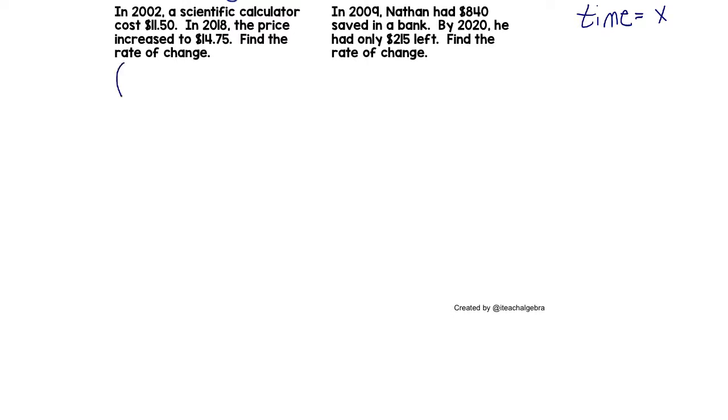So when we write this, we're going to write 2002 in the X portion and the price, $11.50, in the Y portion. In 2018, the problem says the price increased to $14.75. Find the rate of change.